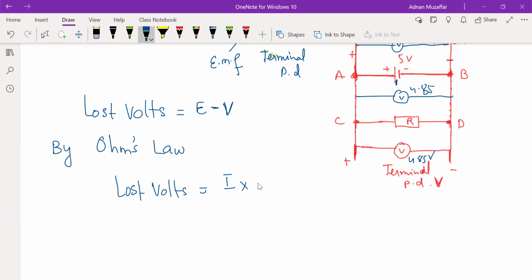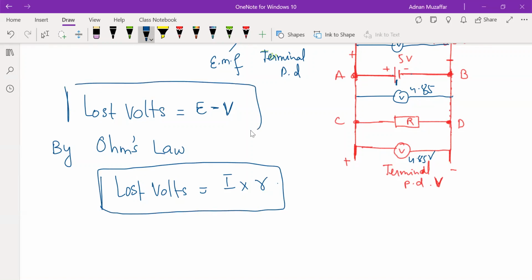Capital R or small r? Cell resistance. Very good, Ali. What was the symbol for cell resistance? It was small r. So I can write lost volts as I into small r, or you can write it like this. It's the same thing.